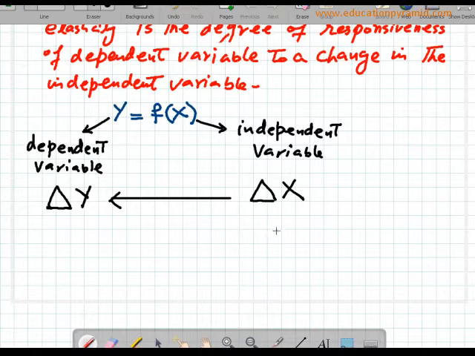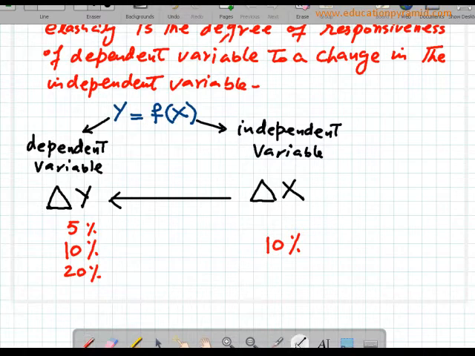Suppose there is 10% change in the value of x variable, and due to this 10% change in x, we assume that there is 10% change in y variable, or there may be more than 10% change, suppose 20% change in y variable, or it may be less than 10% change.